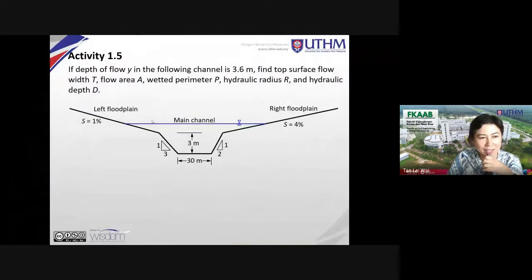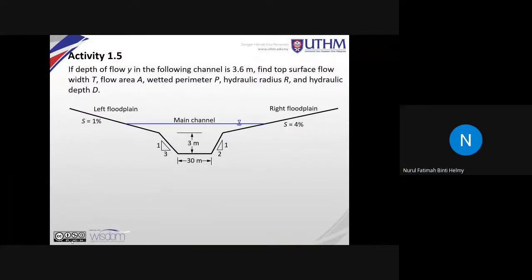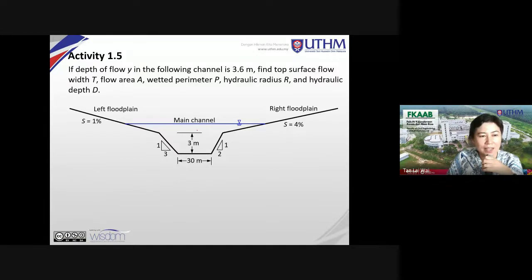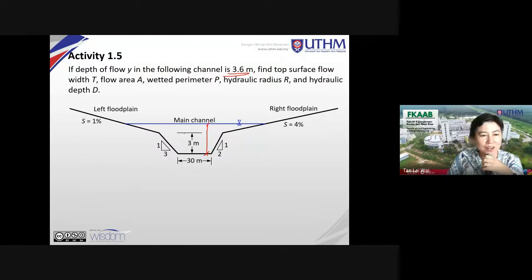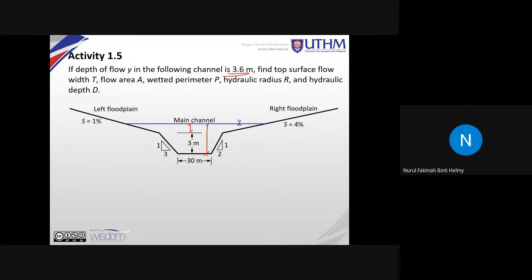Fatimah nampak slide kan? Nampak. Okay. Tengok dia kata total depth ni 3.6 kan? So kalau dia dah bagi 3 meter sini ialah 0.6. Okay. Boleh eh? Boleh. Thank you, Doktor.